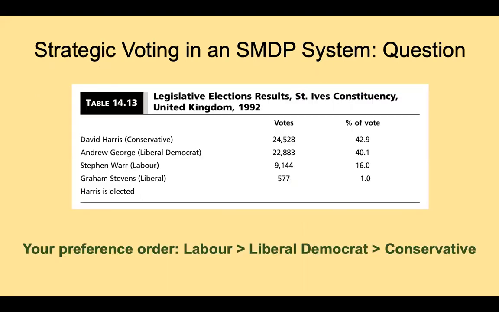Now, we have a reasonably accurate forecast of the election outcome. These are the results. Assume that we have a reasonably accurate forecast. How would you vote in this election if your preference order is Labor first, Liberal Democrats second, and Conservative third? Tell me via a private message in the chat, okay? We'll take a moment to do this, and then we'll work through it together.